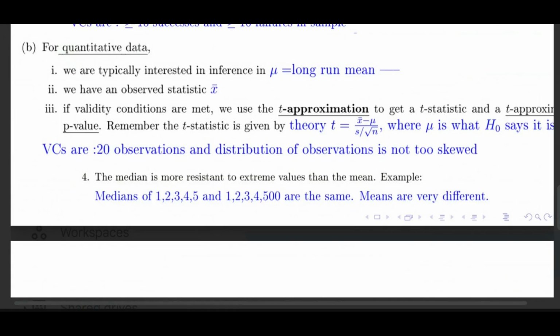It is something that is largely unaffected by extreme values on either side. If you put a very small value here or a very large value on the other end, the median happily stays in the middle. That's why the median is quite a popular statistic that's used to summarize where the middle is. Would you agree that the mean is very badly affected by this one?